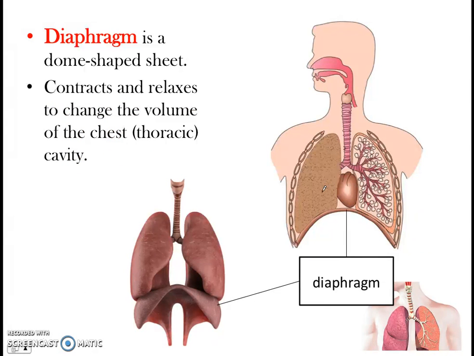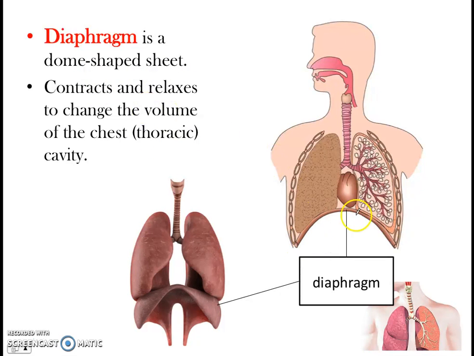Now, the other muscle that is really important for breathing is your diaphragm. You often hear people who sing talk about the diaphragm, that you should breathe into your diaphragm, use your diaphragm to sing. So here's that muscle, right? It is a dome-shaped sheet. It looks a bit like a parachute.